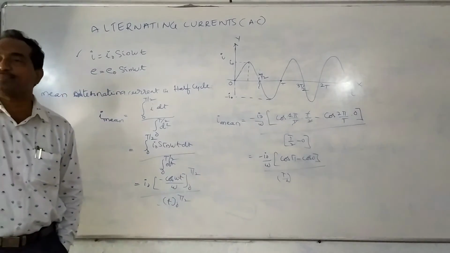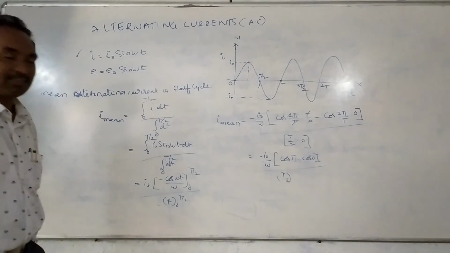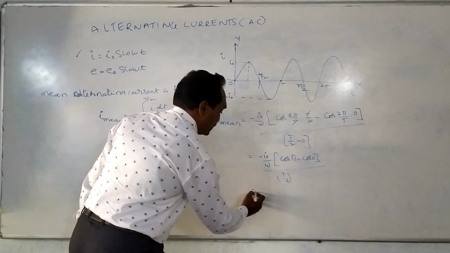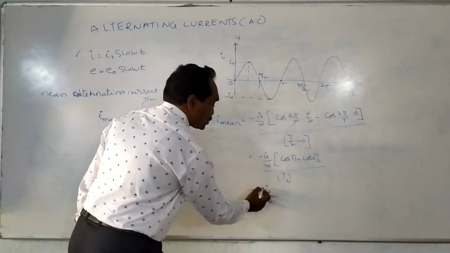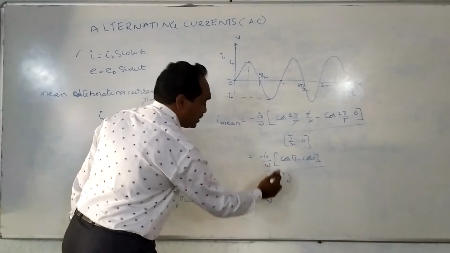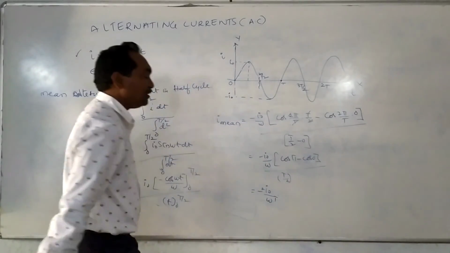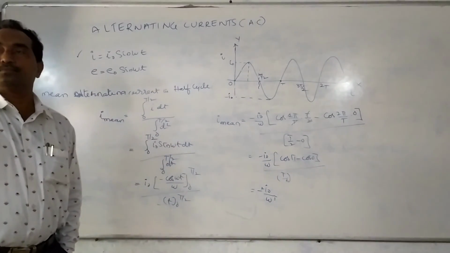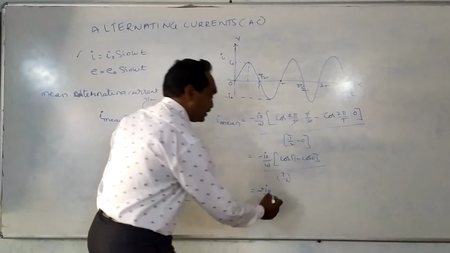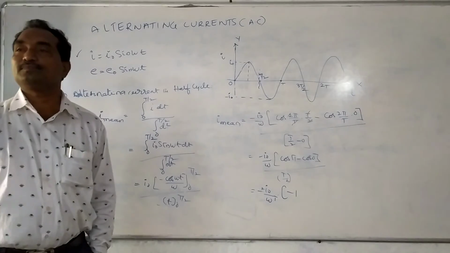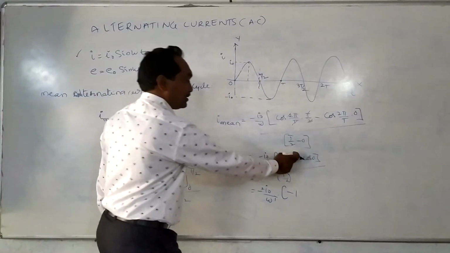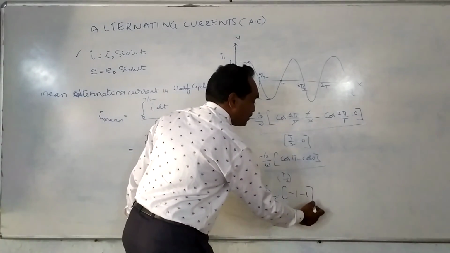What is the value of cos pi? That is cos 180 degrees. Is it right? I naught by omega, the 2 will come into the numerator and T will come to the denominator. The cos pi value is minus 1. Minus cos 0 is minus 1.